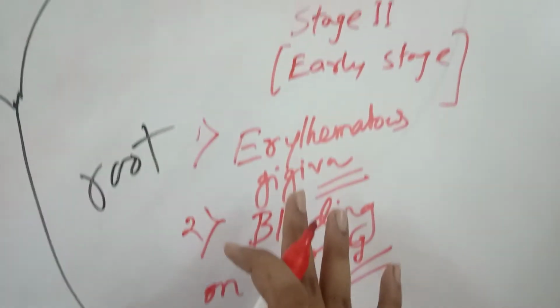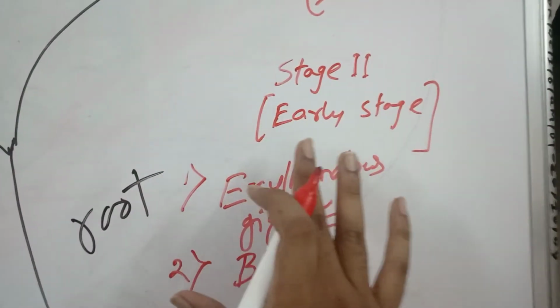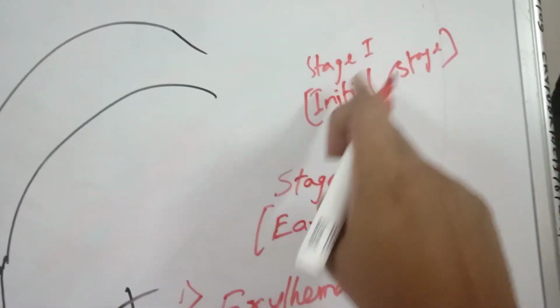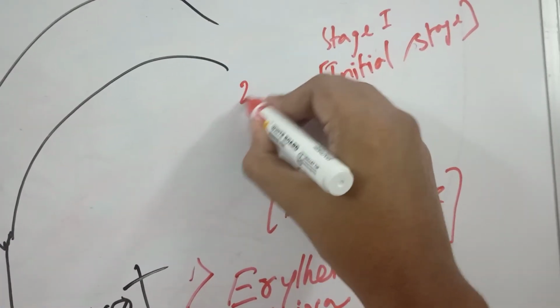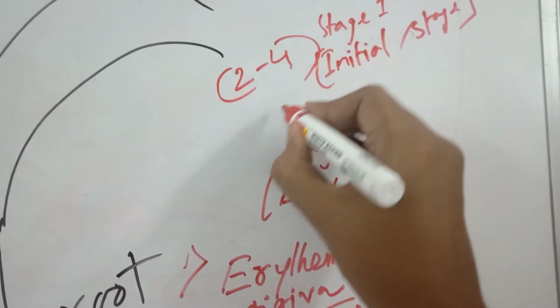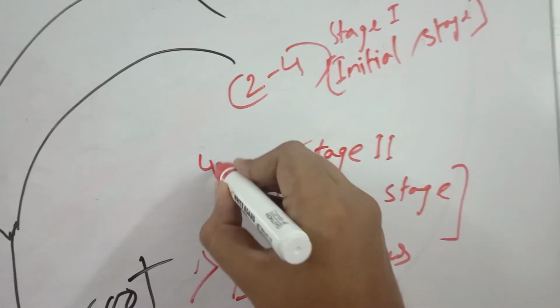So these are the features of stage 2, that is the early stage. Stage 1 was the initial stage, with plaque accumulation for 2 to 4 days, then the early stage is 4 to 7 days.